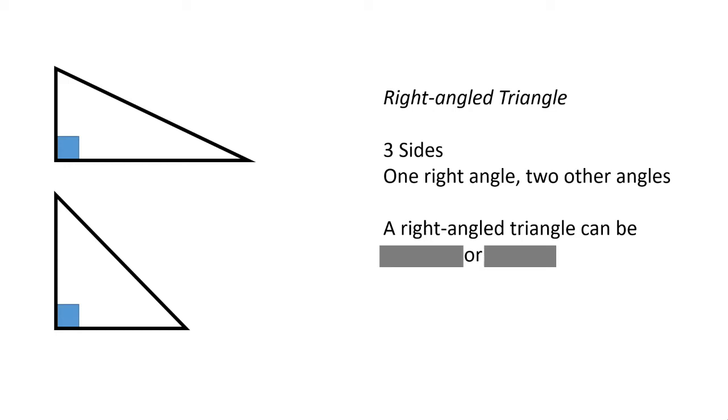Now a right-angled triangle can either be isosceles, as in 1 90-degree angle and then 2 others that are the same, i.e. 45 each. Or they could be scalene. So we could have a 90-degree and then say a 40 and a 50-degree angle.